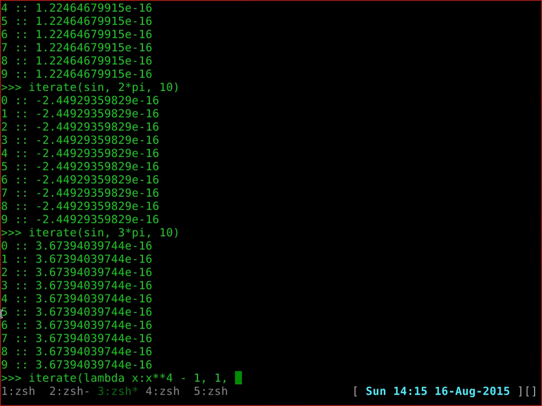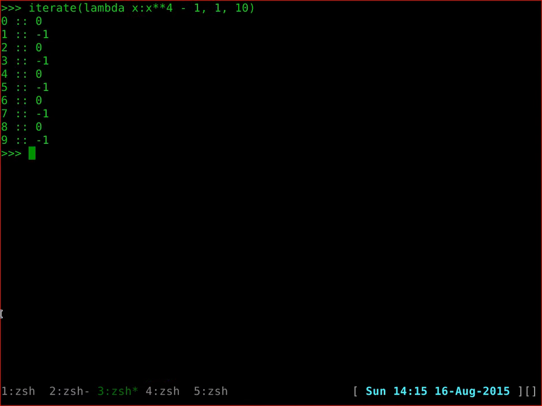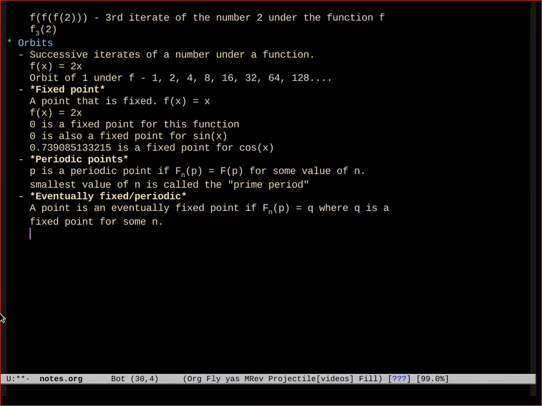Let's iterate 10 times. This 1 itself is not on this period. But if you iterate once, it becomes 0, and after that you get a periodic thing between 0 and 1, 0 and 1, 0 and 1, etc. So this is an eventually periodic point.